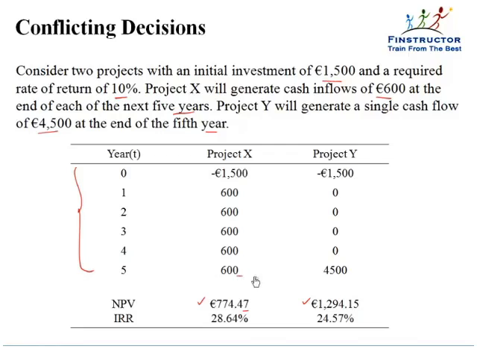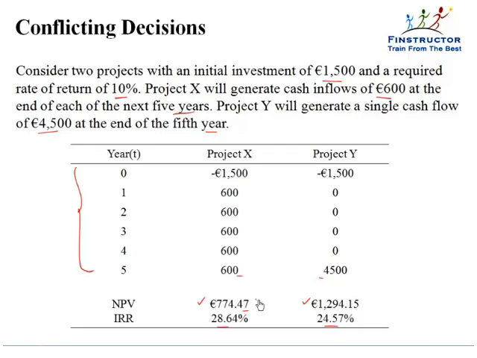With the same cash flow sheet, if I just press the button IRR and compute the IRR, however, for project X comes out to be higher at 28.64%, whereas that for project Y is lower at 24.57%.